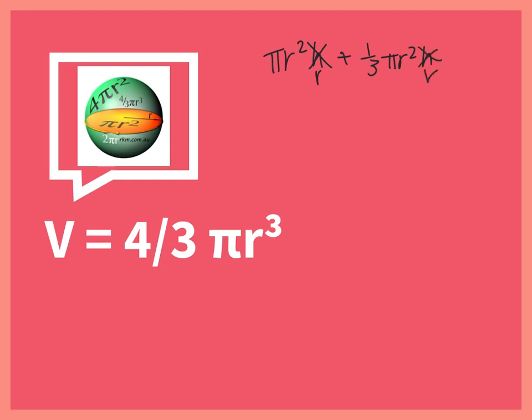So here, if I say that this is 3 out of 3, or 1 whole, pi r cubed, r squared times r to the first is r cubed, plus 1/3 pi r cubed, because r squared times r is r cubed. When I add this, 3 and 1 is 4, so 4/3 pi r cubed, that's where our volume formula comes from.